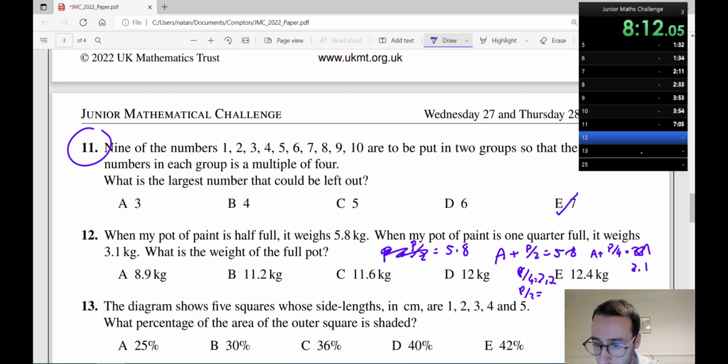P over 4 is 2.7, because I've subtracted them. P over 2 minus P over 4 gives me P over 4, which is 2.7. Oh, so I'm looking for the full pot. So P is 2.7 times 4, which is 10.8.